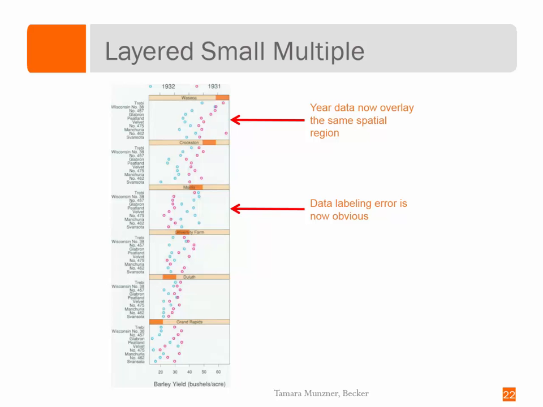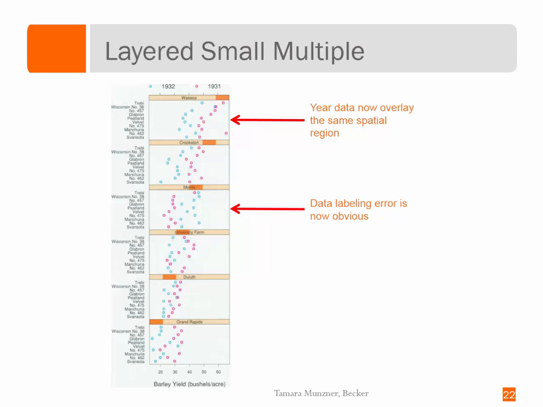And then we've overlaid these, basically layered them on top of each other. We took the column on the right and laid it on top of the column on the left, so we see both of those sets of measures overlaid. The note here says the year data is now overlaid in the same spatial region, so we're using the exact same x-axis and y-axis, with rows sorted by median output.